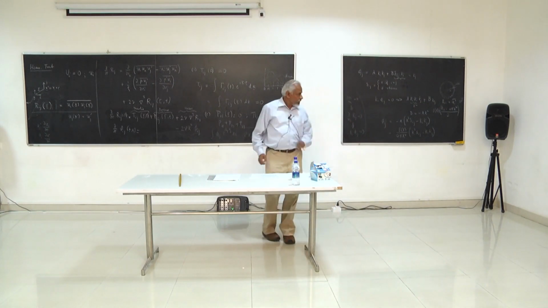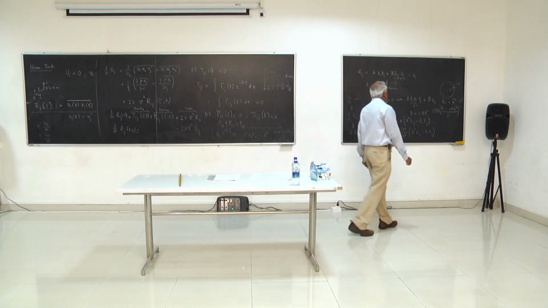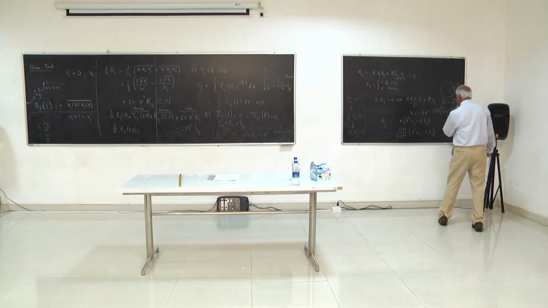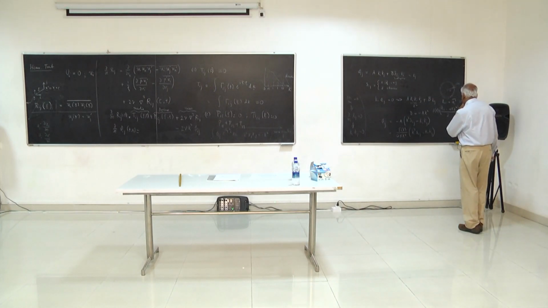What's that? Where did I put k to the power 4? The last line?